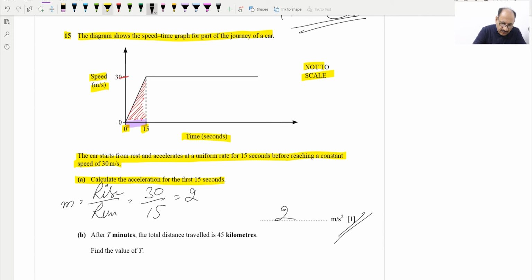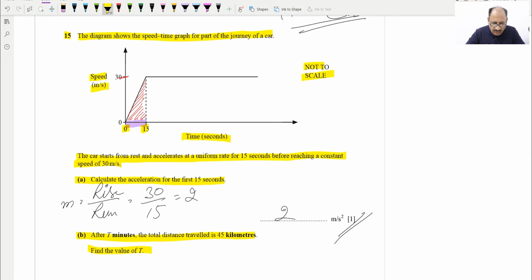And for B part says after t minutes the total distance traveled is 45 kilometers. Find the value of t. So after t minutes, we don't know how many minutes are there, but 45 kilometer is the distance. So 45 kilometer distance we need to understand.